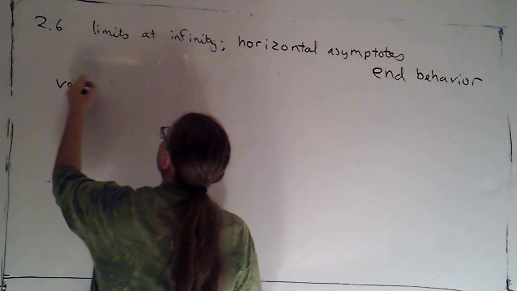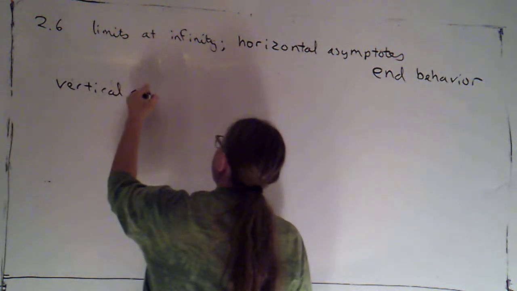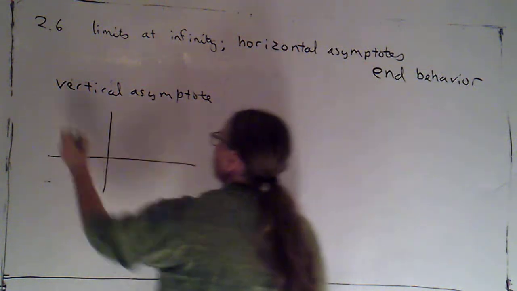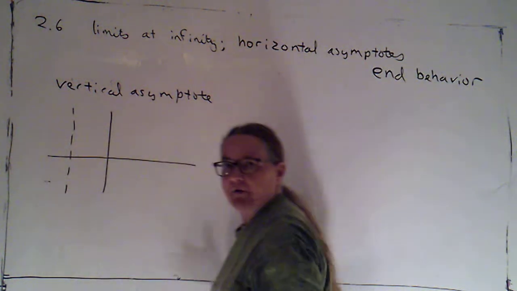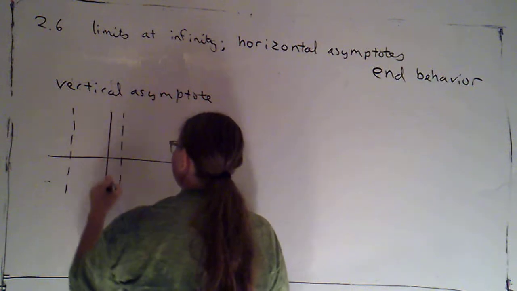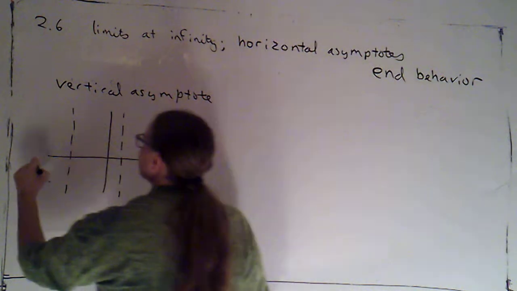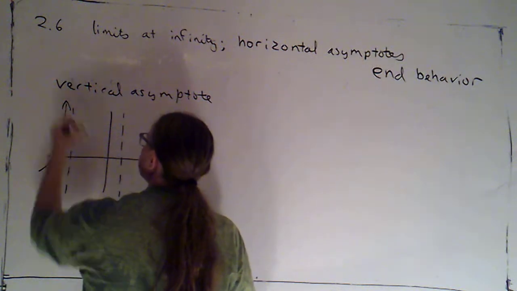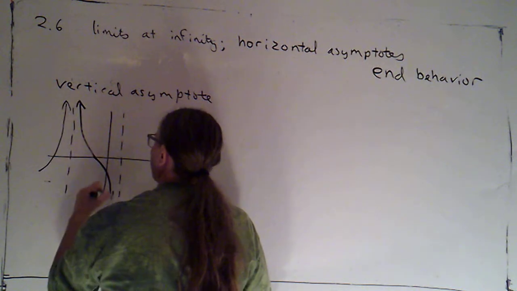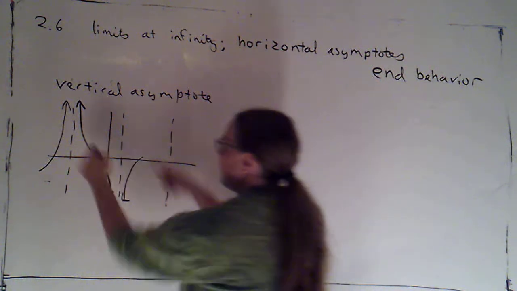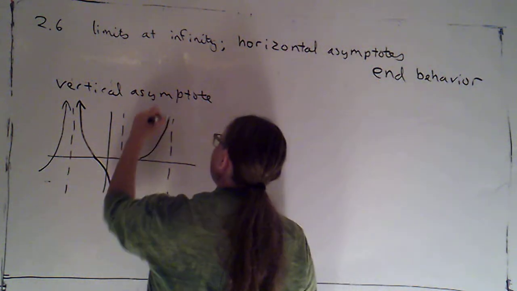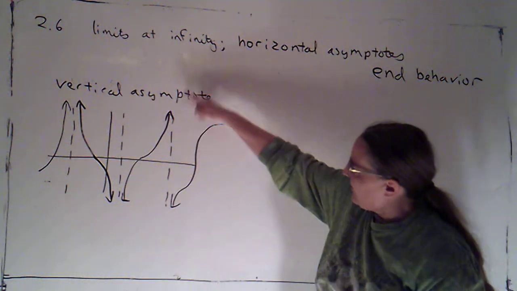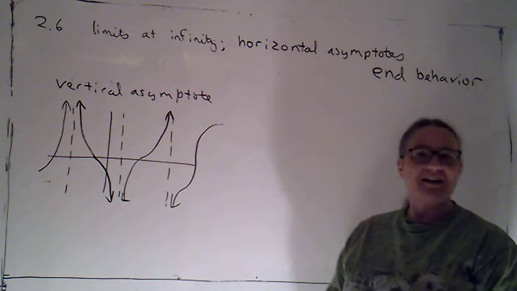So if I have a vertical asymptote, I'm just going to draw a picture of a graph that has several vertical asymptotes. Maybe on this one, we're going up on both sides. For this one, we're going down on both sides. And for this one, we're going up on one side and down on another.